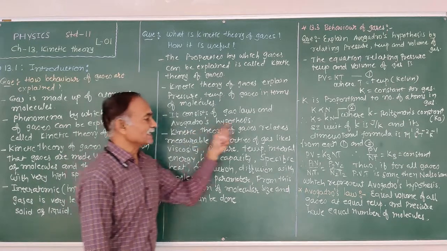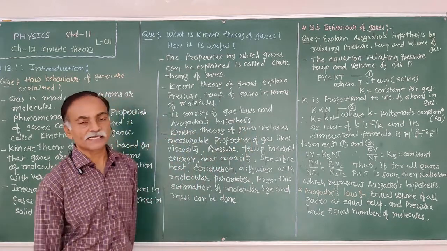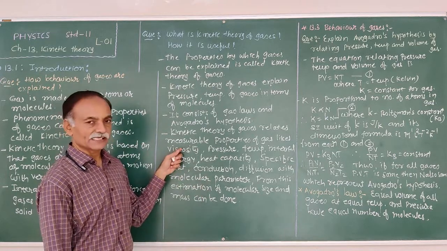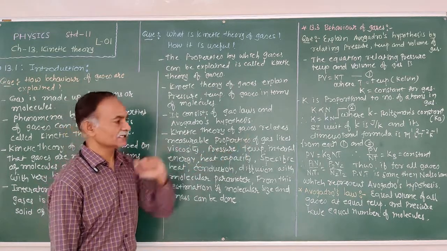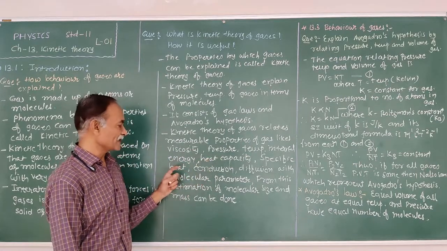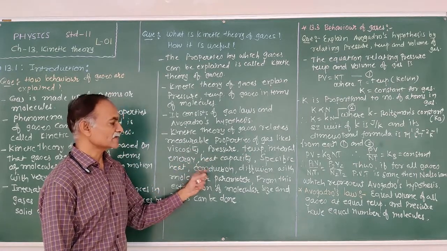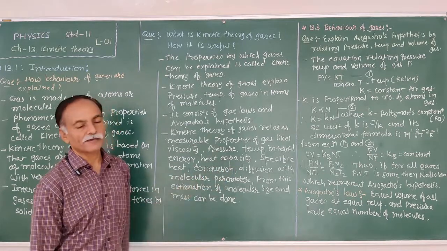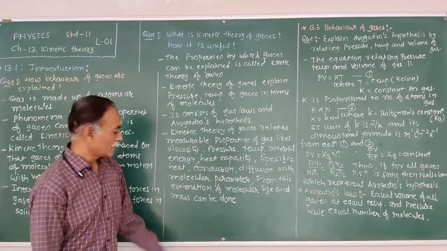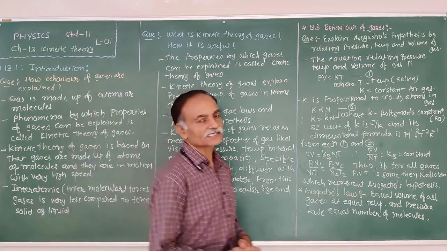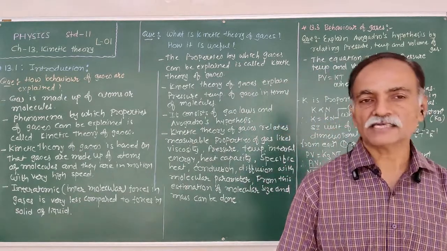Now, the kinetic theory of gases relates the measurable properties like viscosity, pressure, temperature, internal energy, heat capacity, specific heat, conduction, and diffusion with molecular parameters. From this, estimation of molecular size or mass can be done.